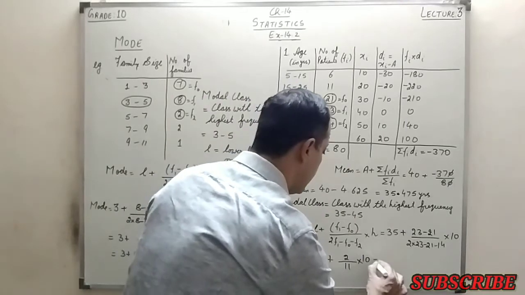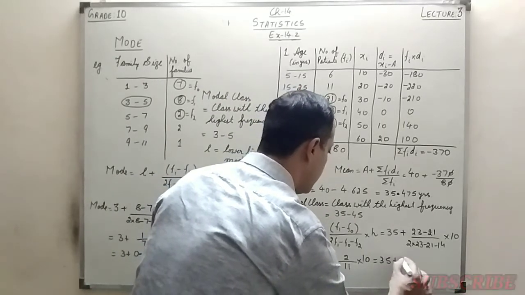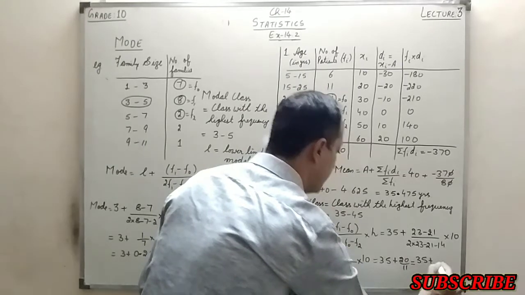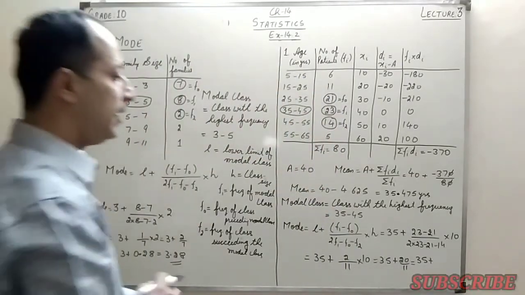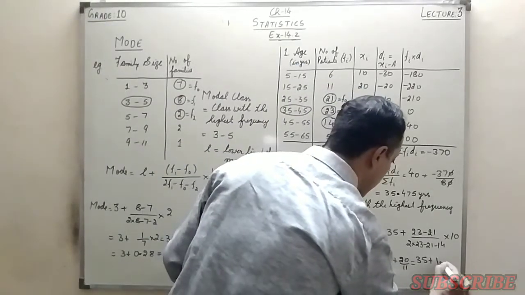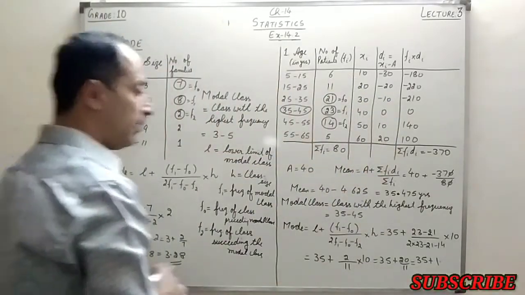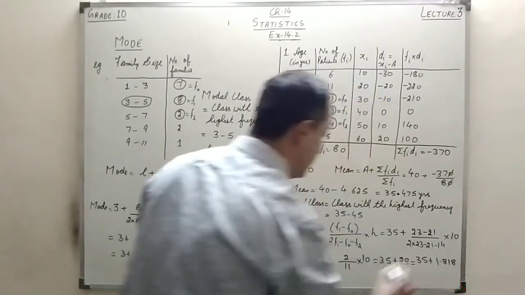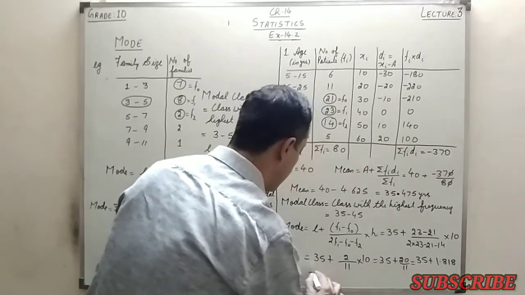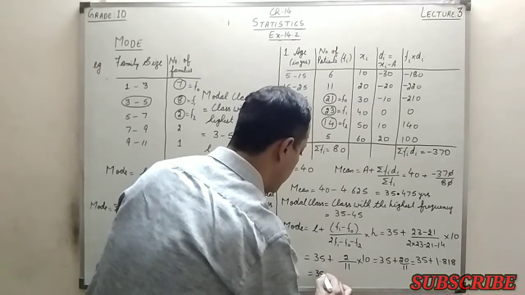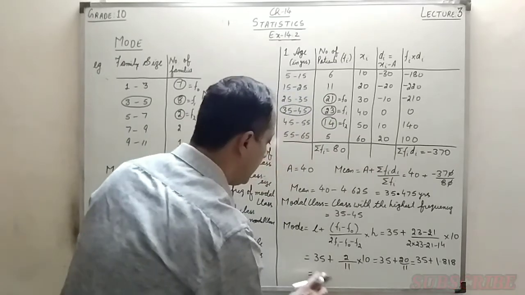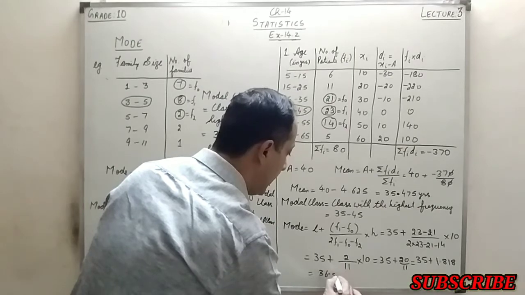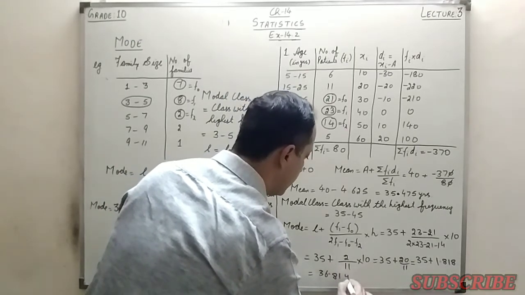So we get this as 35 plus 20 upon 11, that is 35 plus, now let's divide 20 by 11, so this will be 1.8 and so on. So we can roughly take it as 36.81 years.